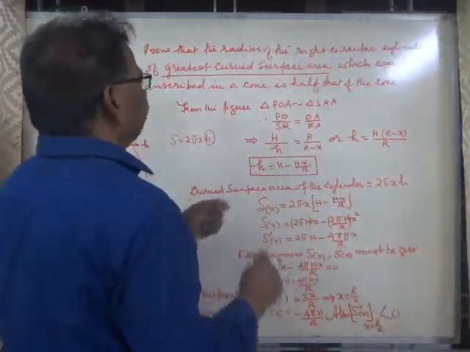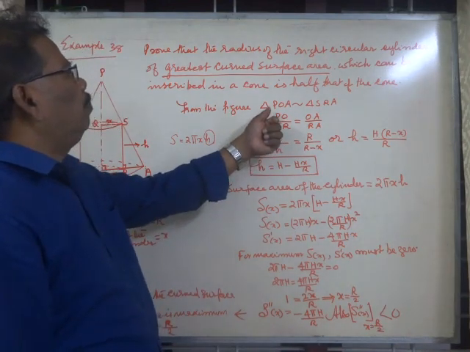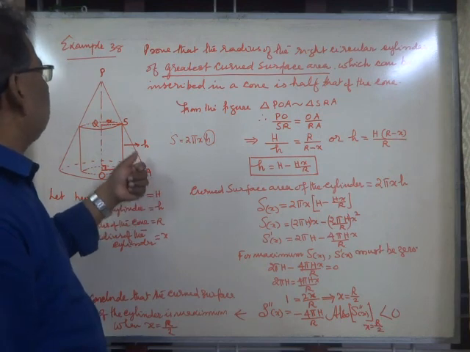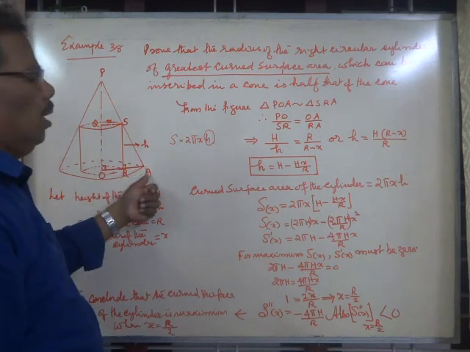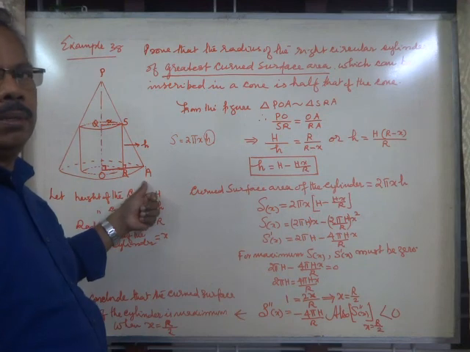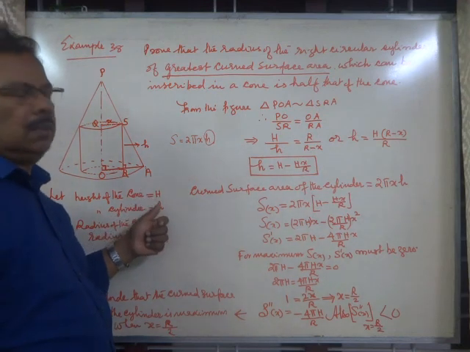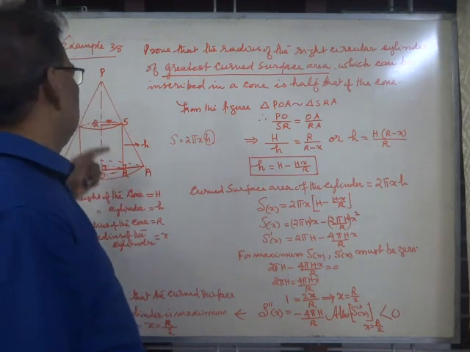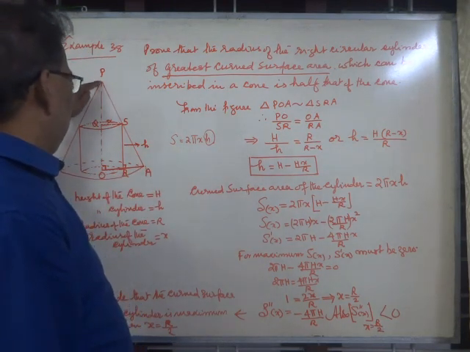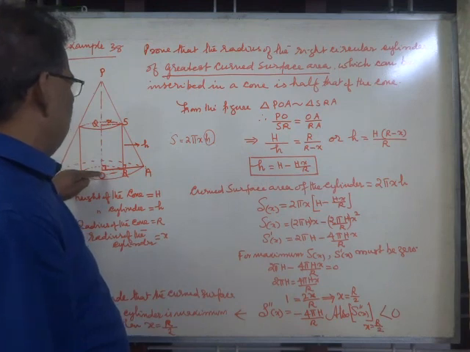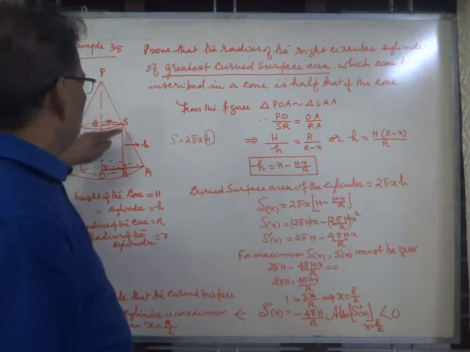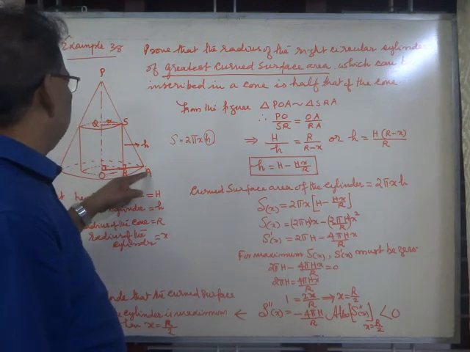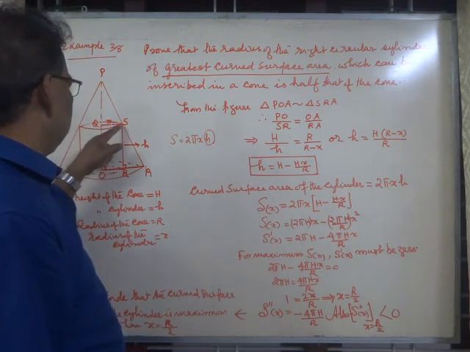Now see, triangle POA is similar to triangle SRA. I think you have studied similar triangles. PO is parallel to SR. OA is parallel to QS.